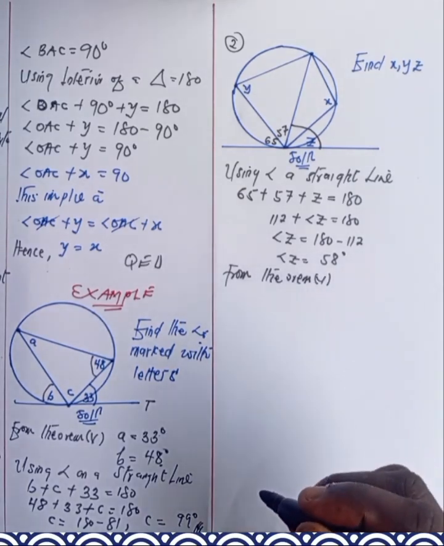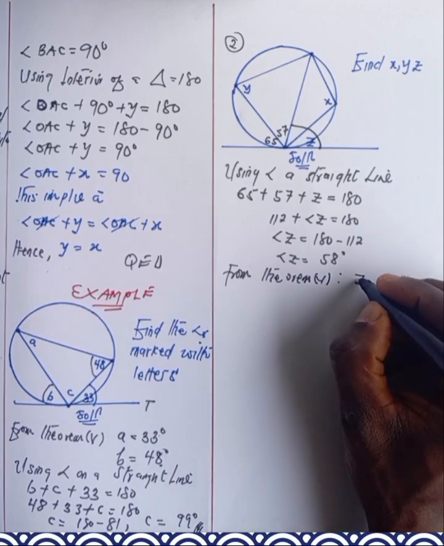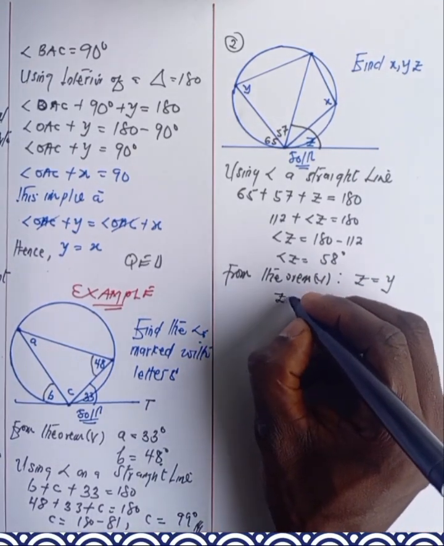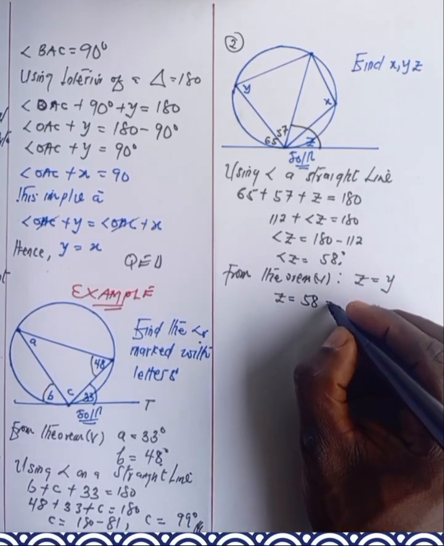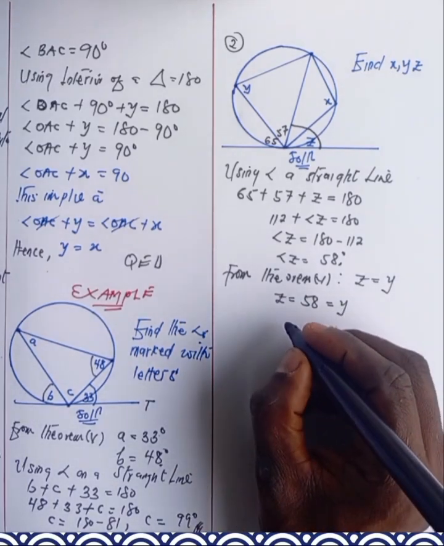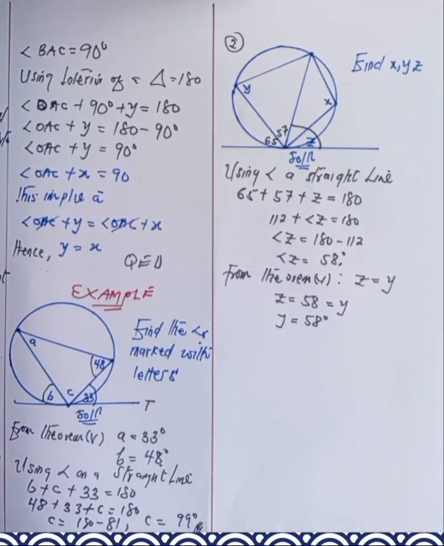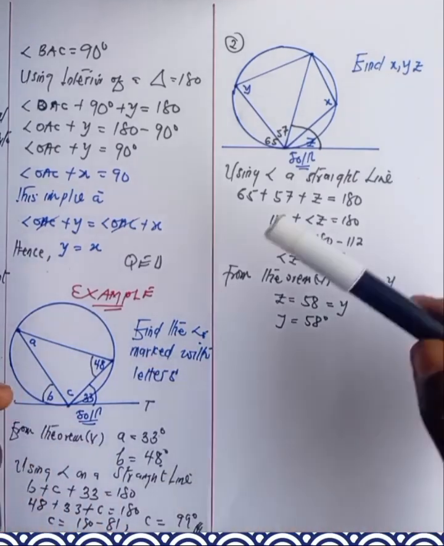From the alternate segment theorem, z is equal to y and z is equal to 58 from here. Therefore, y is equal to 58 degrees.